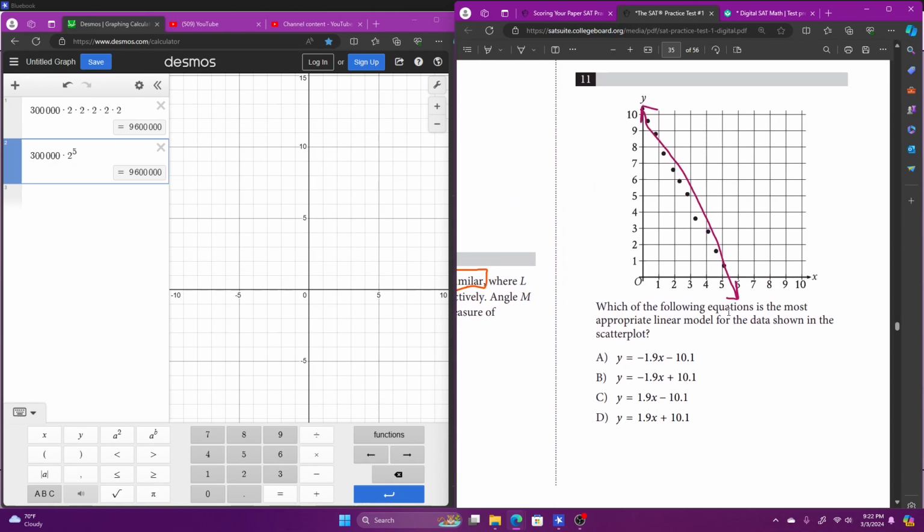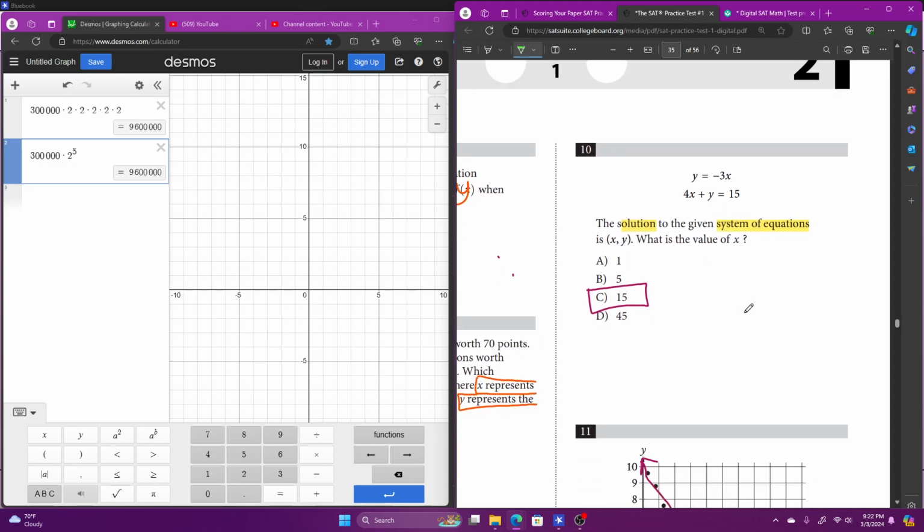Question number 11, I picked IXL lesson VUT. Question 10 on IXL, I picked lesson WV5.